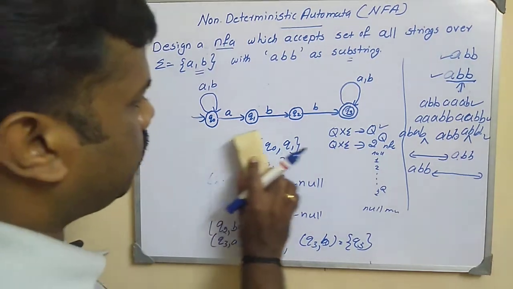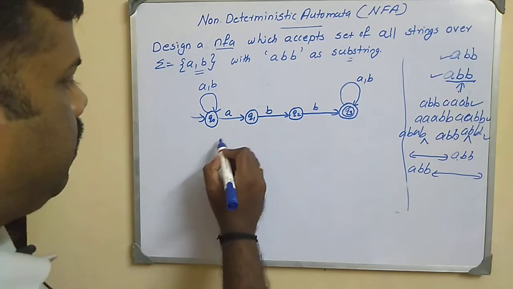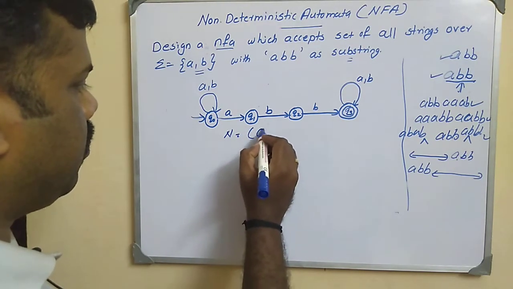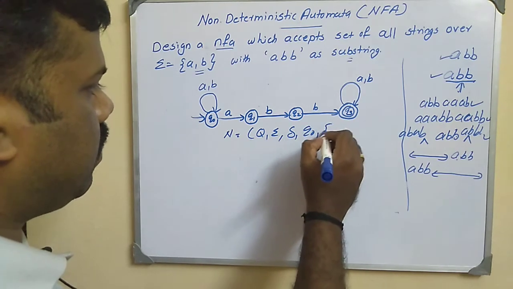The formal definition of this NFA can be written as N = (Q, sigma, delta, Q0, F).